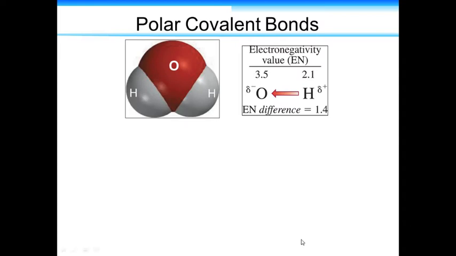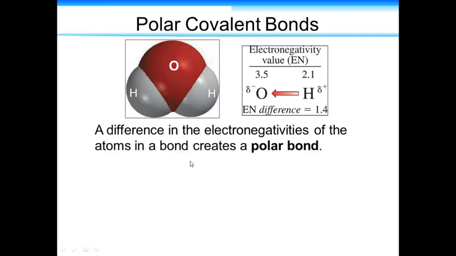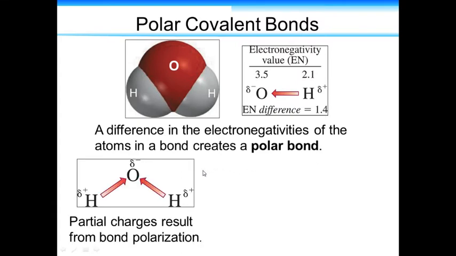Well, when you have an uneven distribution of electrons, you're going to have a polar bond or an overall polar molecule. You could see here, because oxygen has such a strong pull on those electrons in that molecule, they tend to stay around the oxygen atom for the majority of the time, giving oxygen a slightly negative partial charge.